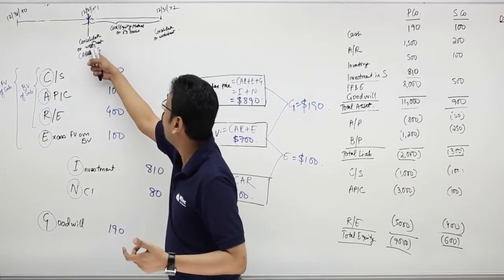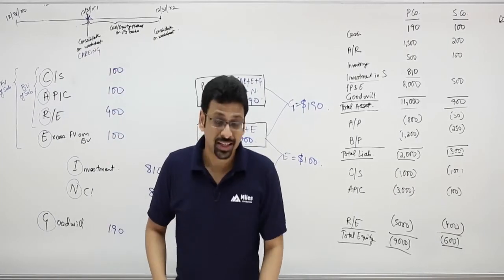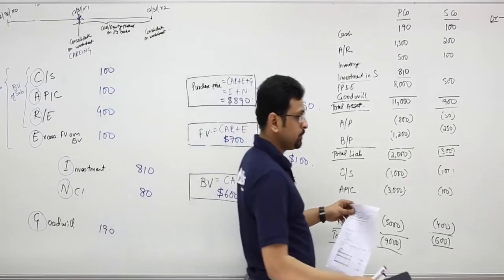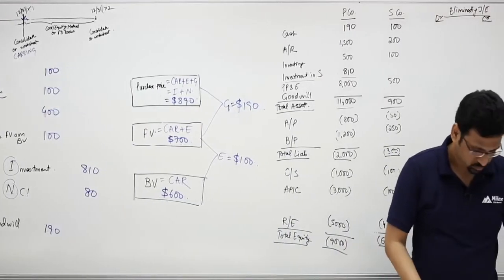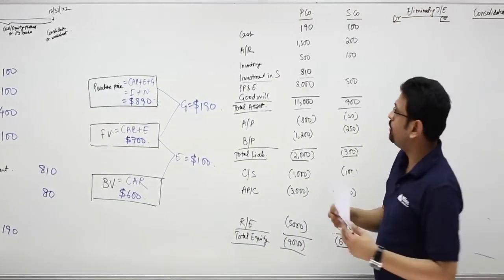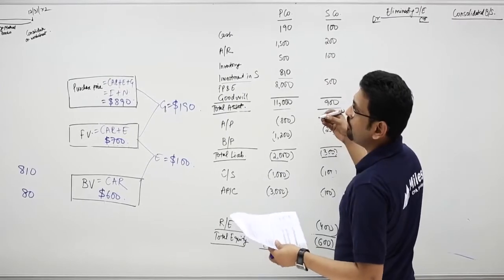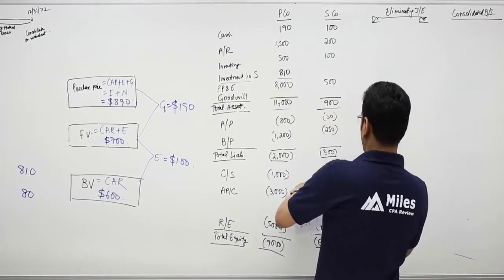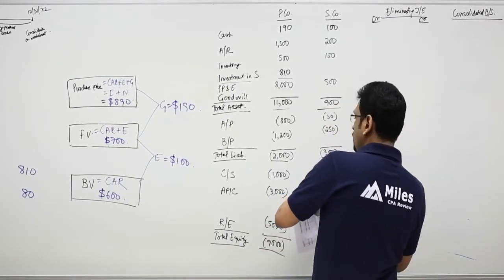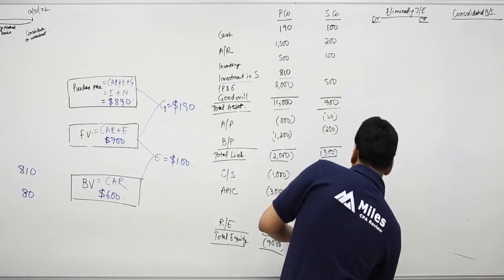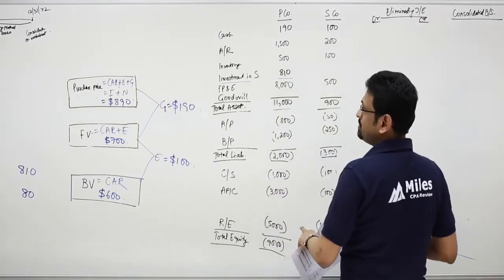Remember, at year end we're going to prepare a worksheet, consolidation worksheet. So now if you look at the worksheet there, we're going to have debit to common stock of subsidiary, APIC of subsidiary, retained earnings of subsidiary.